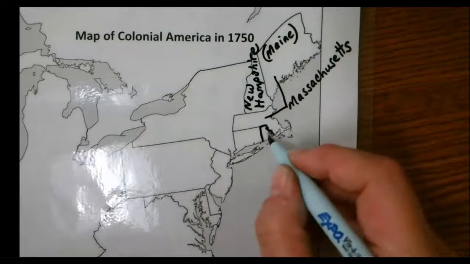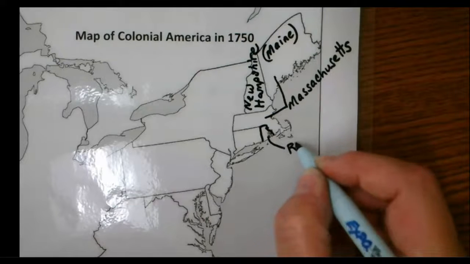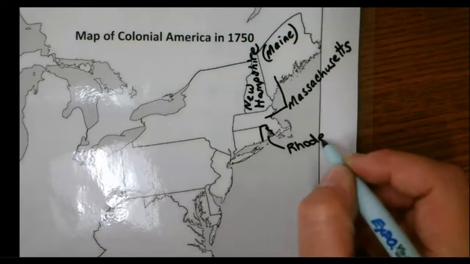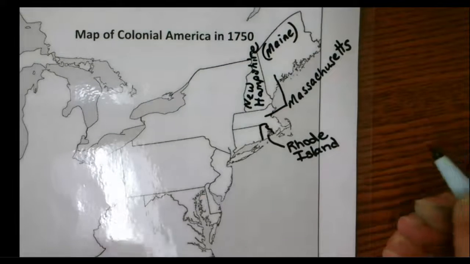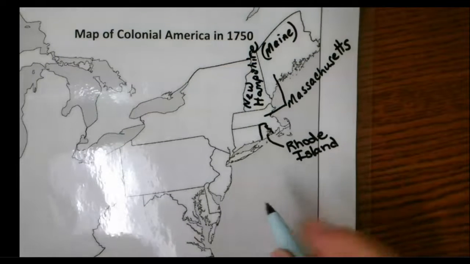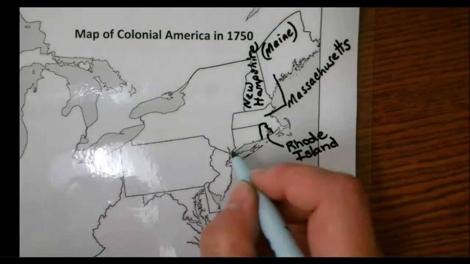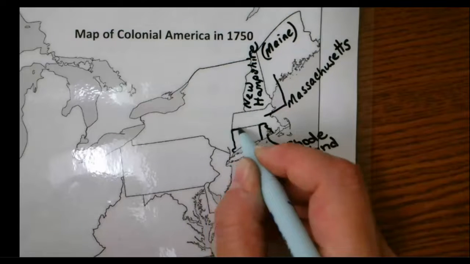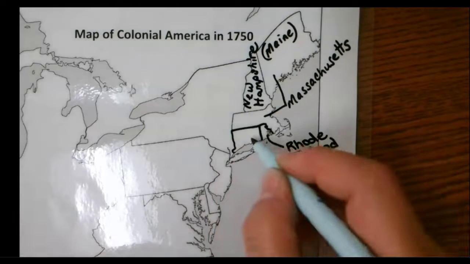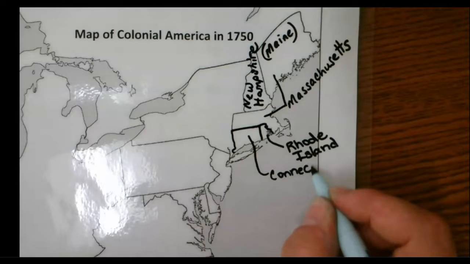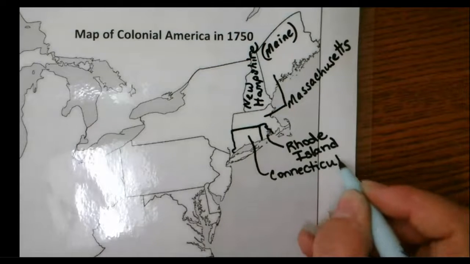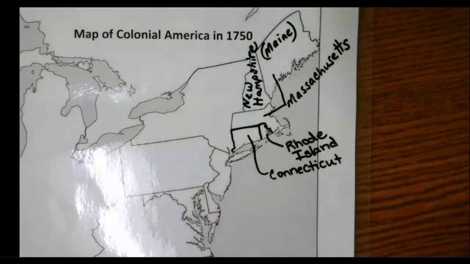Okay, this one is called Rhode Island. R-H-O-D-E, Rhode Island. The one to the west of Rhode Island is Connecticut. Okay, Connecticut.